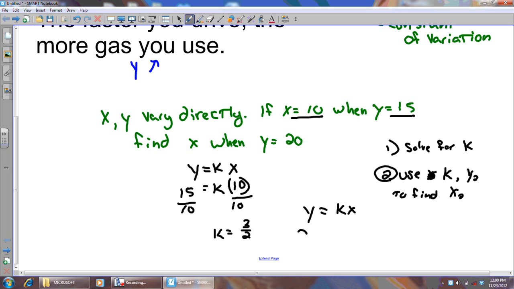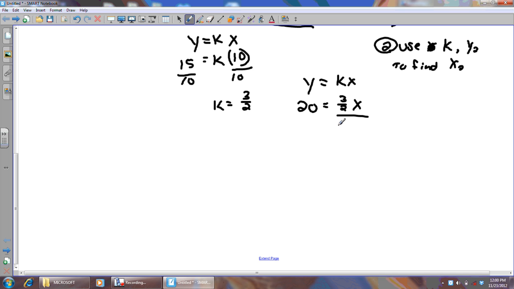I'm going to plug 20 in for y. K is going to be 3 over 2. And then I'm going to multiply by x. I'm going to divide both sides by 3 over 2. And so we should know that 20 over 1 divided by 3 over 2 is the same as this. And that's going to give me 40 thirds.